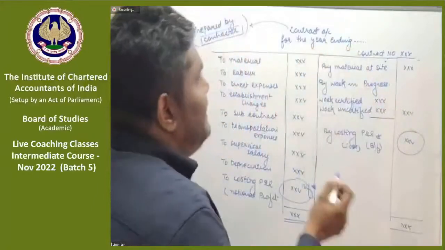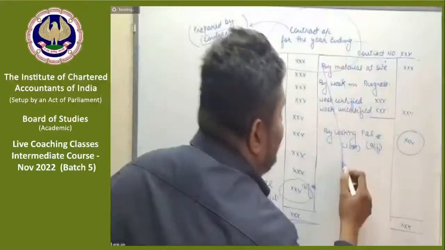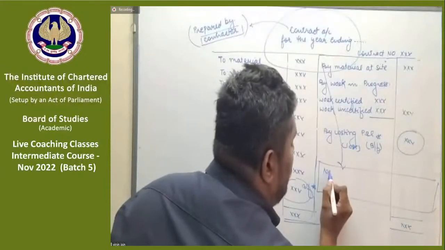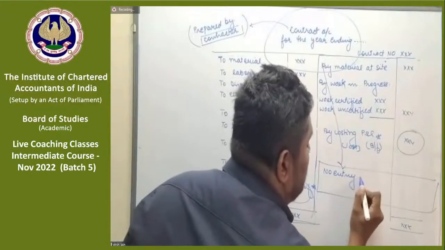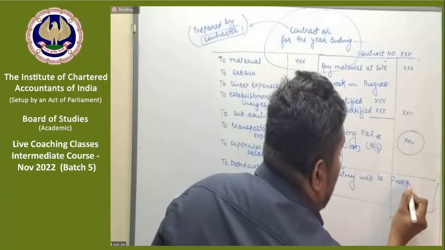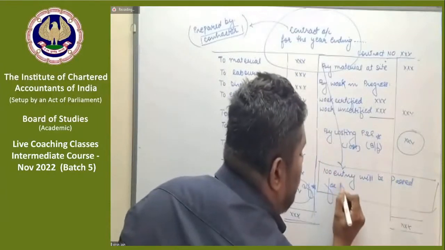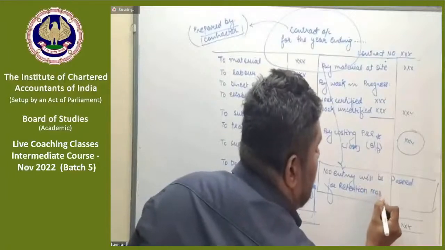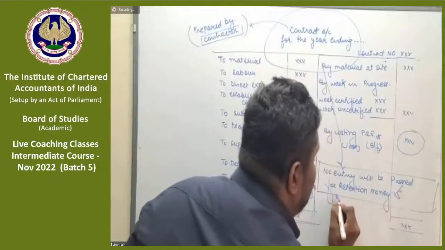Very important, guys. In this contract account, no entry will be passed for retention money and progress payment.